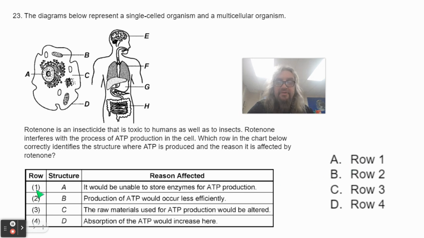Is it A, row 1, structure A would be unable to store enzymes for ATP production? Is it B, row 2, structure B, production of ATP would occur less efficiently? Is it C, row 3, the raw materials used for ATP would be altered? Or is it D, row 4, absorption of ATP would increase at this place?